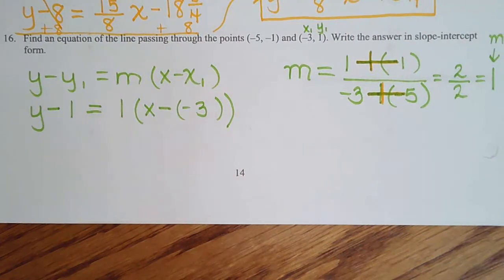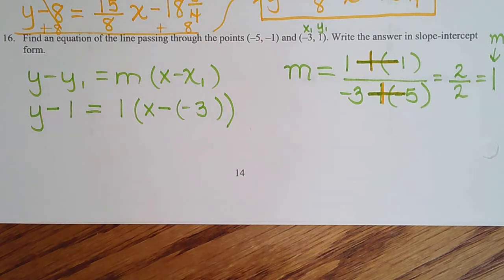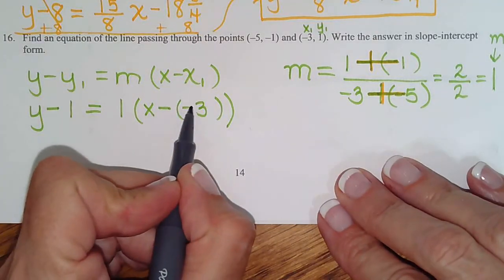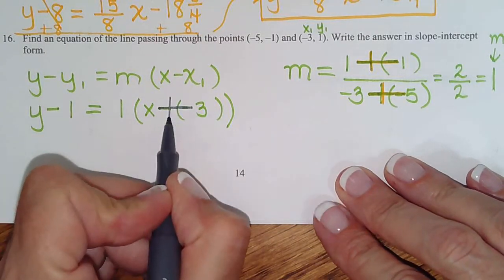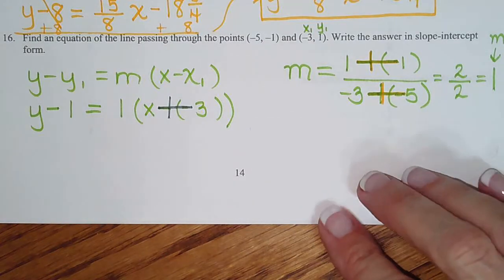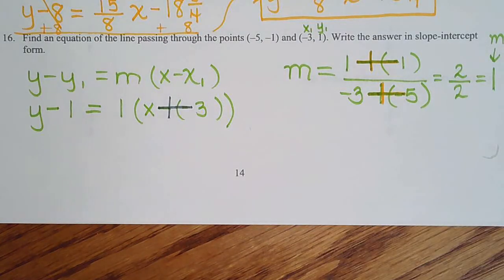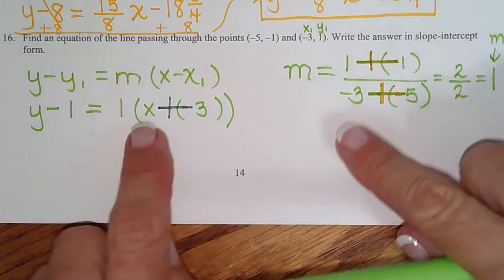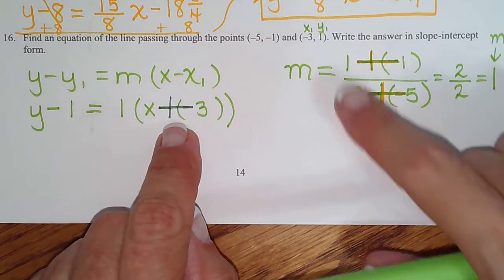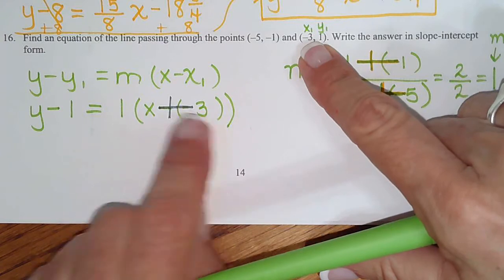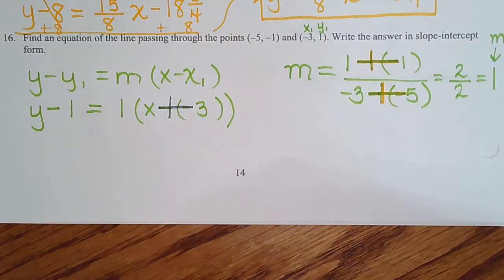So this is so important. Before you do any distributing, fix your double negatives. Otherwise, you're going to think that answer is going to be negative, and it's not. So x minus negative 3 turns into x plus 3.